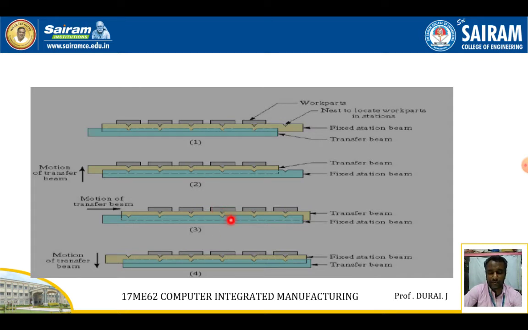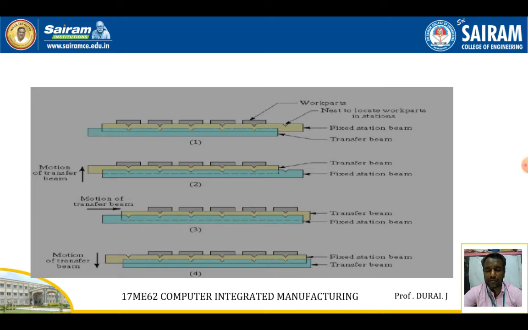Then the transfer beam moves downward, and the work parts are placed on the fixed beam. Now the machine performs the operation. Once it is finished, again the transfer beam goes, picks the component, and moves it to the next consecutive station. Like that the work is performed with the help of this walking beam mechanism.